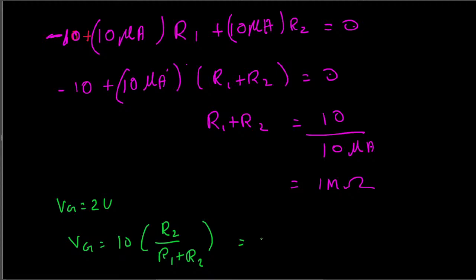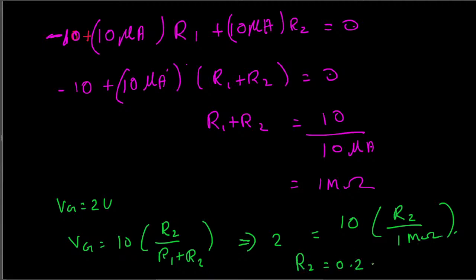So if I plug in the value for VG, that is 2, that is equal to 10 times R2 divided by 1 megaohm resistance, because R1 plus R2 we just found out over here, so I'm substituting that. So this becomes 0.2, and mega multiplies here, so R2 is 0.2 megaohm.